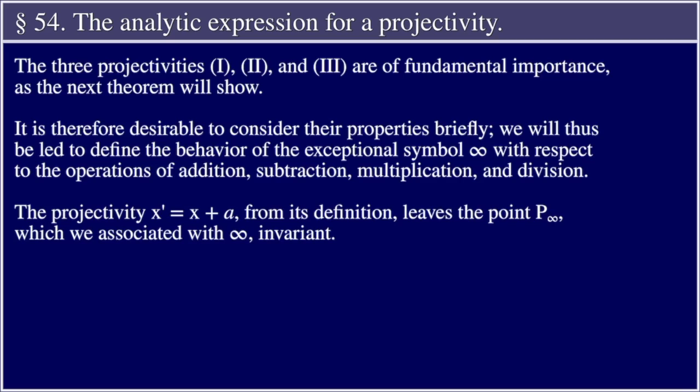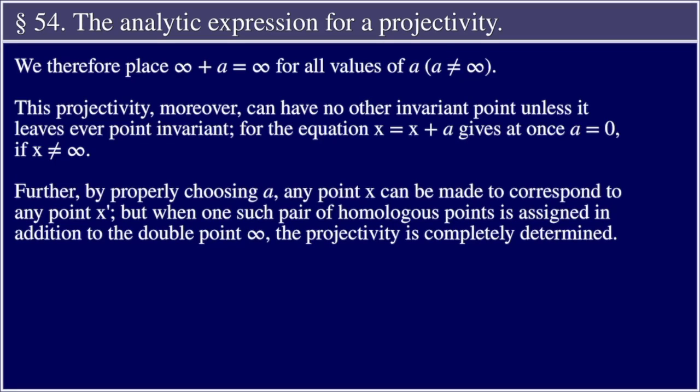The projectivity x prime equal to x plus a from its definition leaves the point P infinity, which we associated with infinity, invariant. We therefore place infinity plus a equal to infinity for all values of a, where a is not equal to infinity. This projectivity, moreover, can have no other invariant point unless it leaves every point invariant.